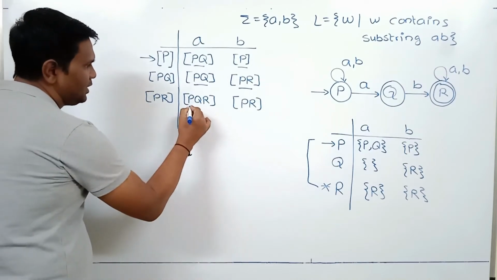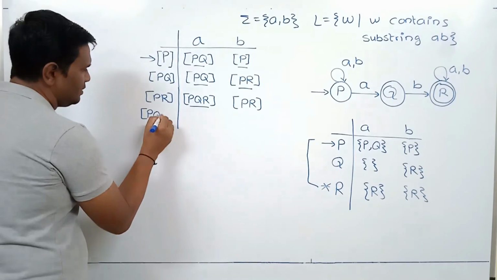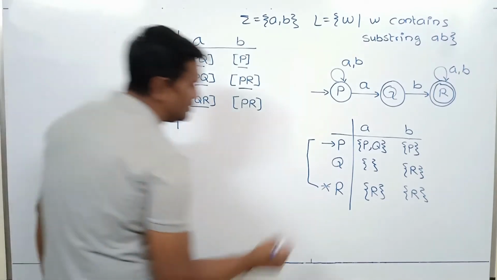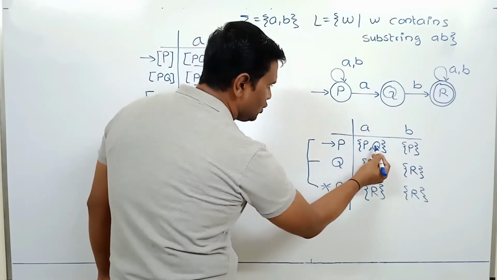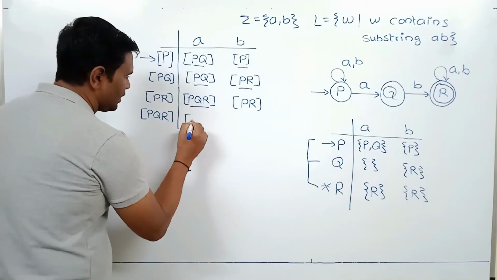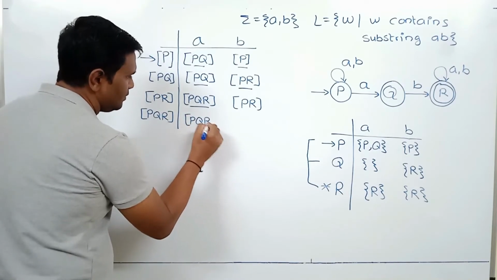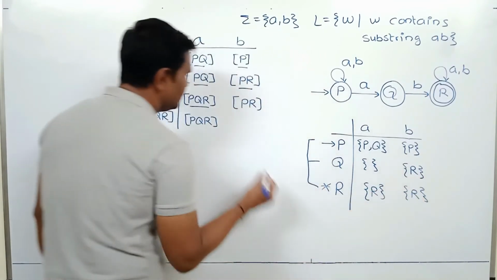Next reachable state is PQR. It is a new entry in the DFA table. Now we have to make union of PQ and R. So PQ union empty set union R is PQR. P union R, we get PR.